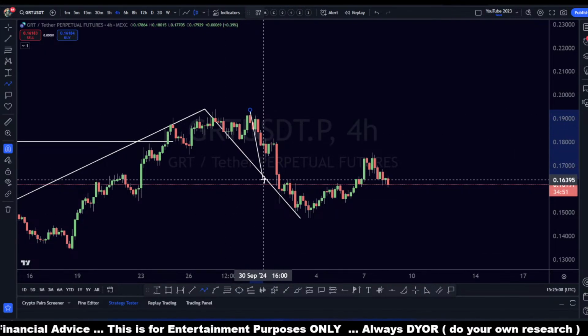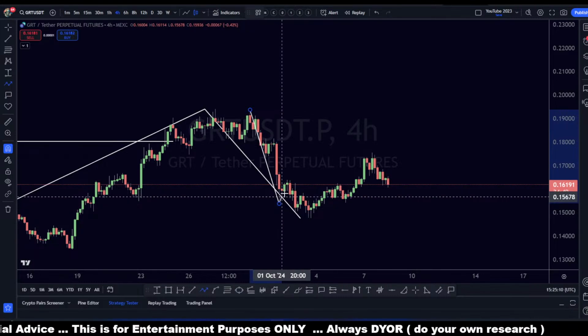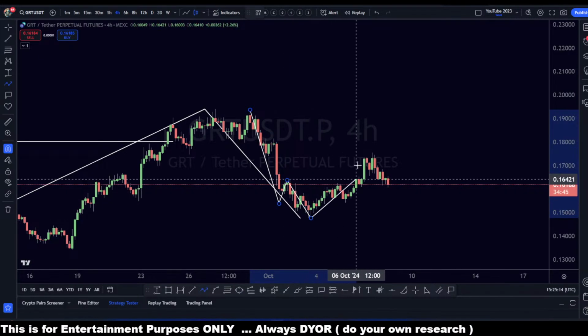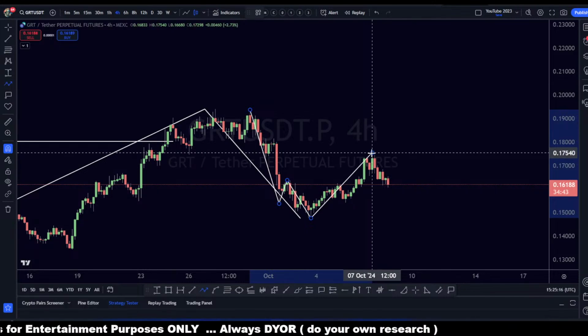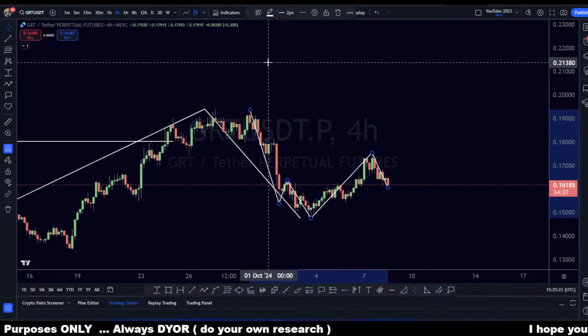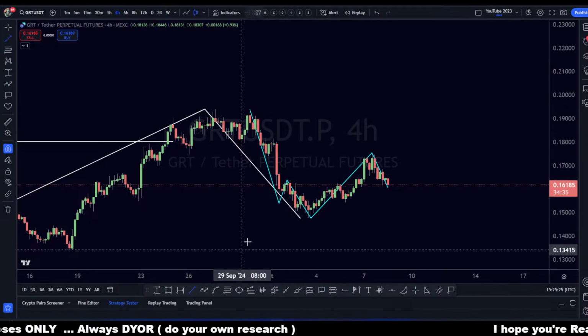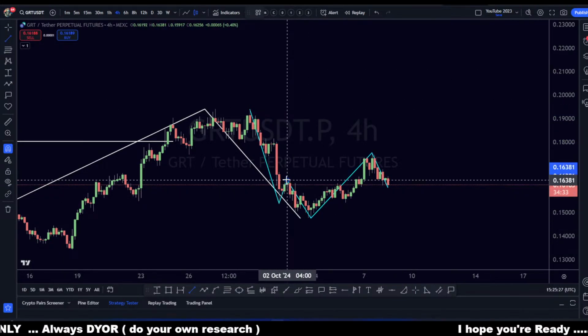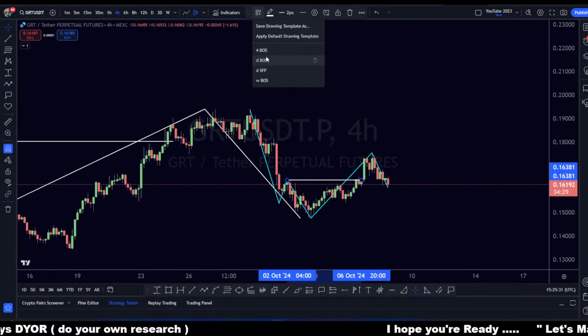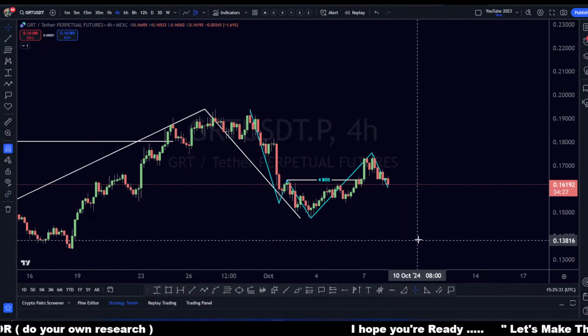Again, we're just doing here to here to here. Just doing the main levels here. All right, so this is our 4 hour. And on the 4 hour, same thing, bullish. Across those levels ever so lightly. So this is bullish.